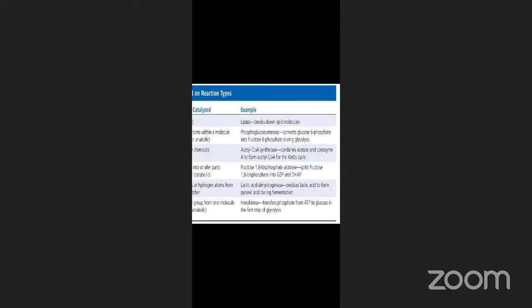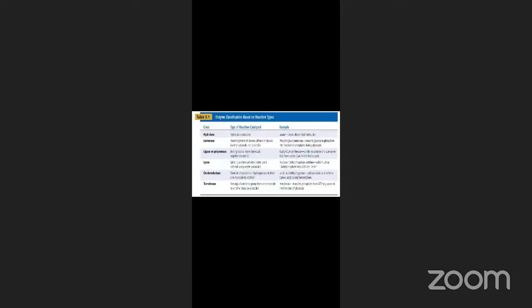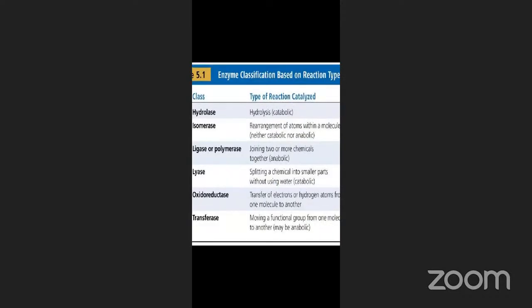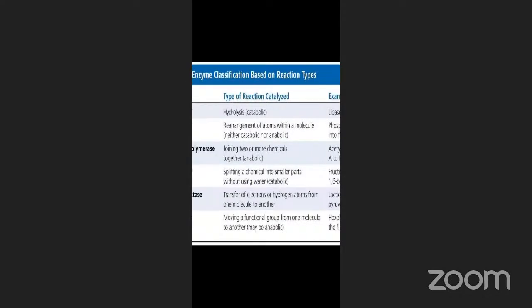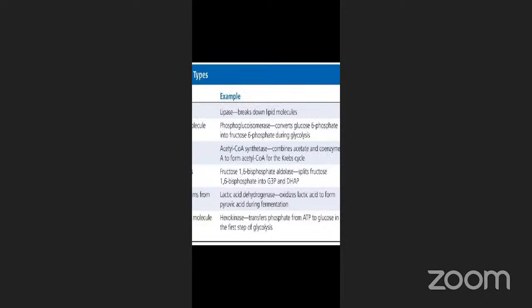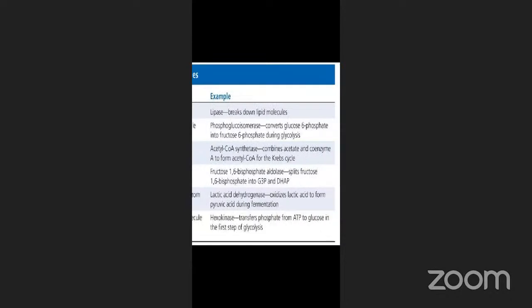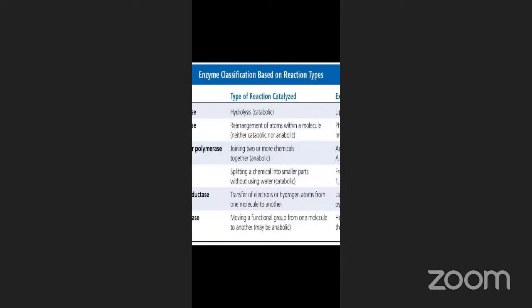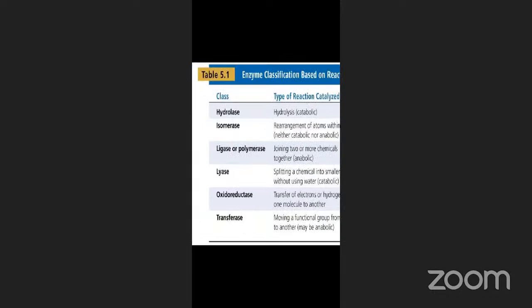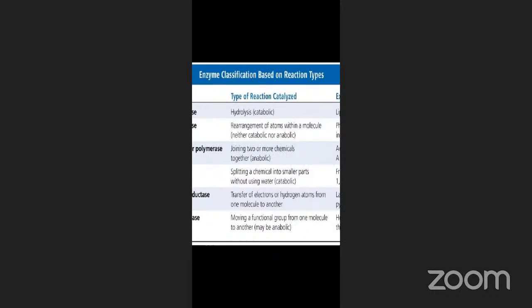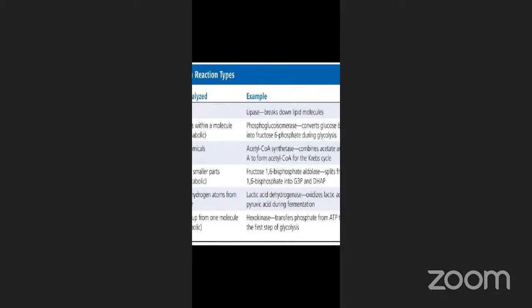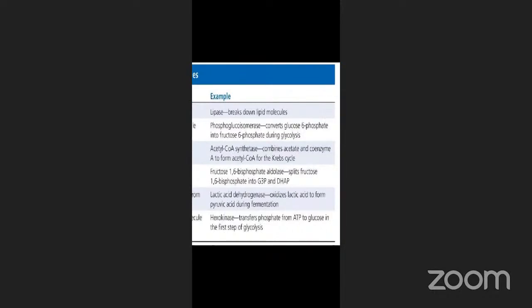phosphoglucoisomerase. Then ligase. Ligase means ligation, joining of two or more chemicals together. An example is acetyl-CoA synthetase, which combines acetate and coenzyme A to form acetyl-CoA. Then lyases, splitting of a chemical into smaller parts, but here no water is involved. An example is fructose 1,6-bisphosphate aldolase.